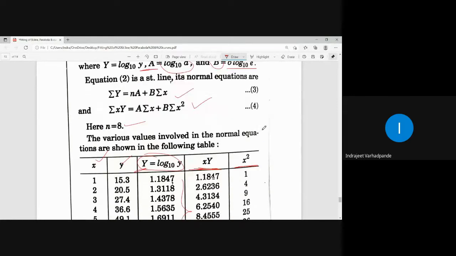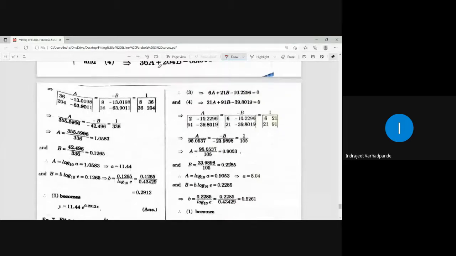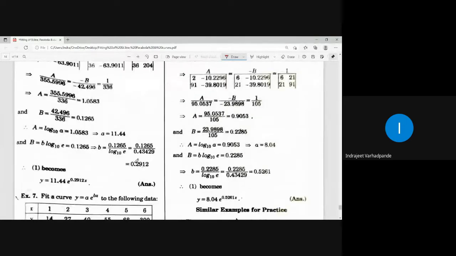Put them in equation number 3 and 4. Equations will contain the unknowns capital A and capital B. Solving them simultaneously will give you the value of A and the value of B.